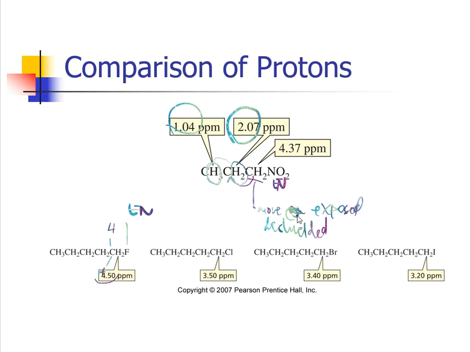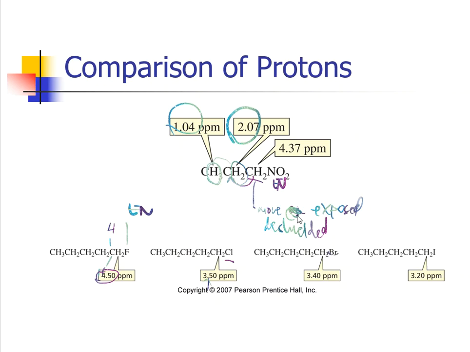And because of that, you're seeing that 4.50 right there. It is more on the downfield side of the chart because they are more exposed to the magnetic field. That means it's going to take more energy in order to flip them because they're more exposed to the magnetic field. Chlorine's less electronegative, so the ppm went down.